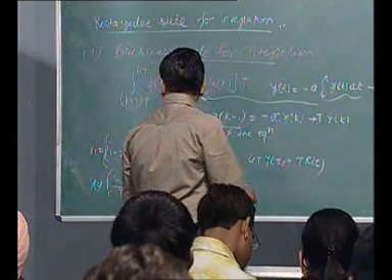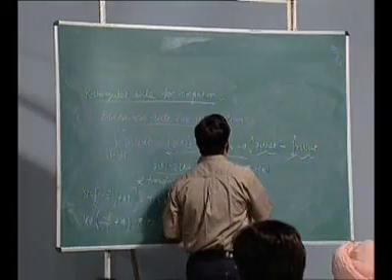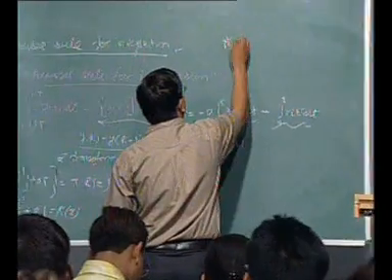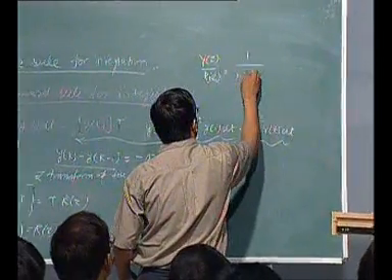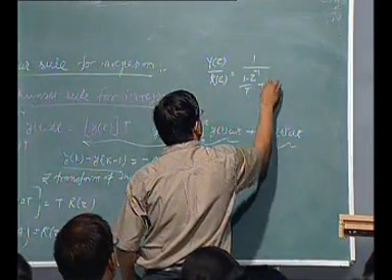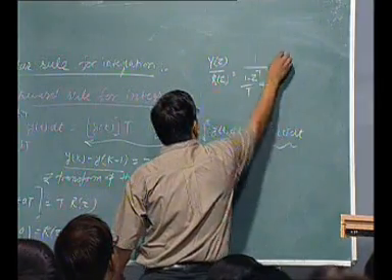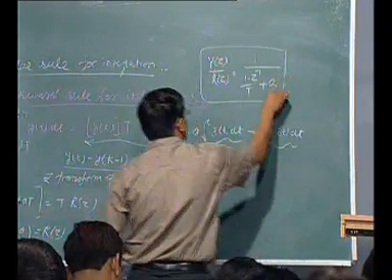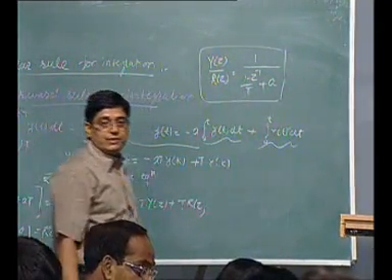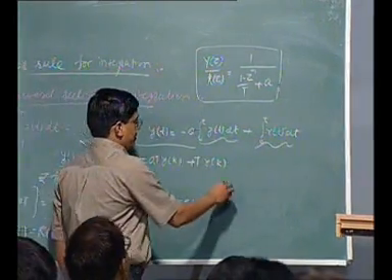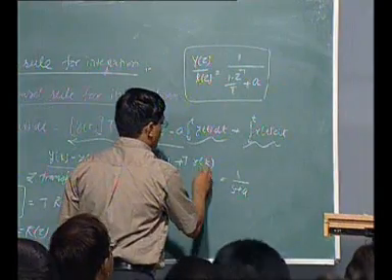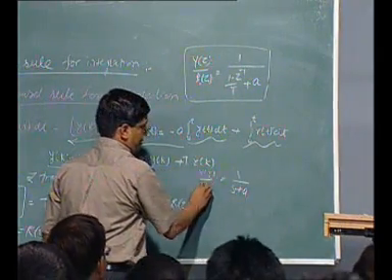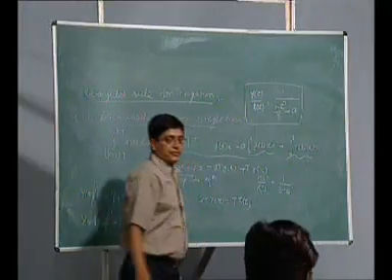So, Y(z) over R(z) will be one upon (1 minus z inverse upon T plus a), and the Laplace transform of that continuous time function is 1 upon (s plus a), that is equals to Y(s) upon R(s).